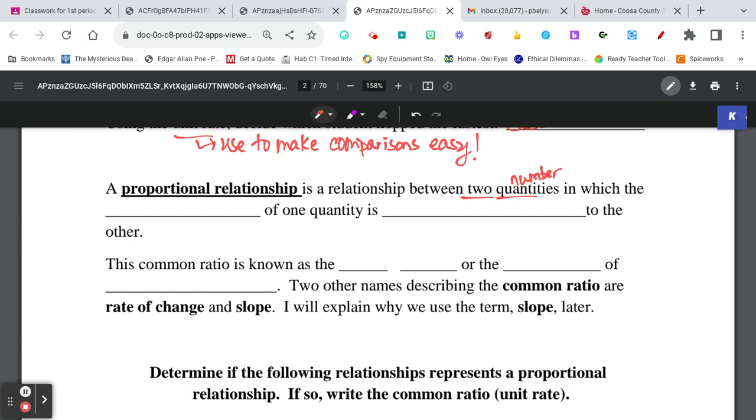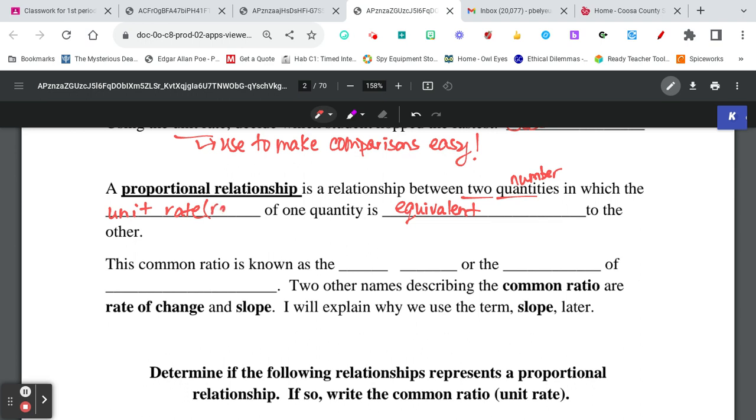All right, so a proportional relationship is a relationship between two numbers in which the unit rate of one is equivalent to the other. When I say unit rate, to find a unit rate, what do we have to do with the two measurements?